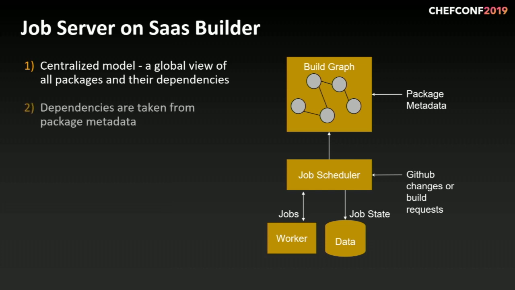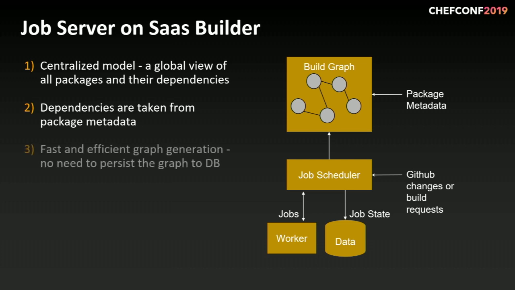All the dependencies for the graph come from the package metadata, because every time you build a package, we put that into the metadata, and you upload it, and we know we can update the graph with those dependencies. And then we have a job scheduler piece that on every change that comes in, if you've connected your plans, does the builds for you. It consults the graph, figures out what to build first, and then what are the things you can build next, in parallel maybe, and keeps track of the job state.